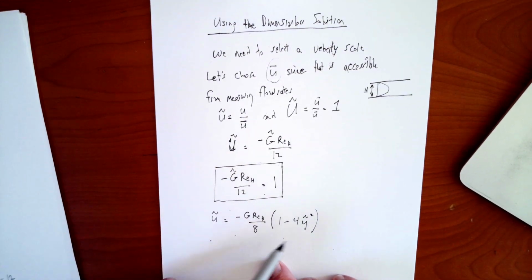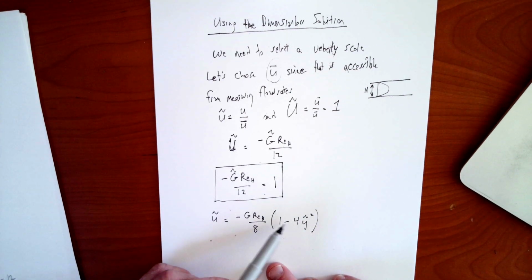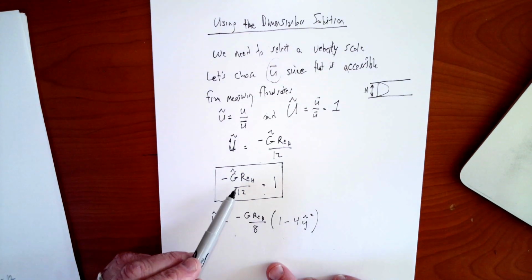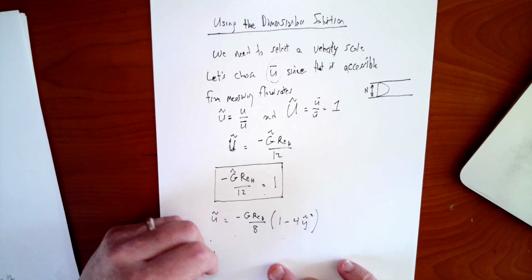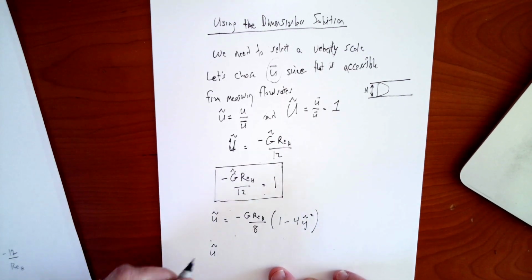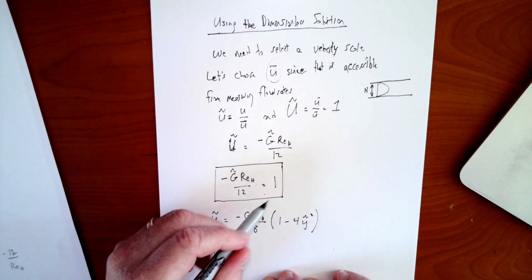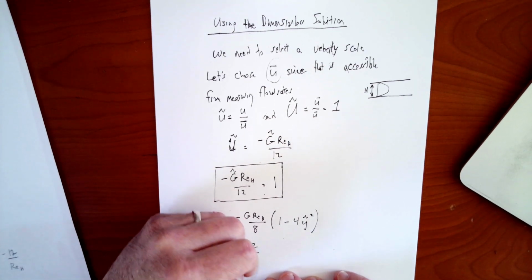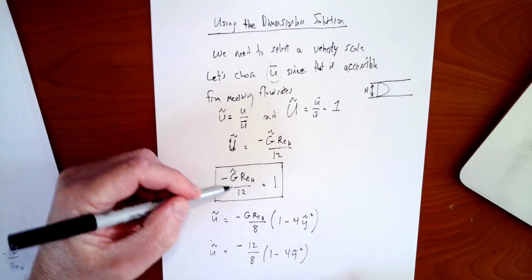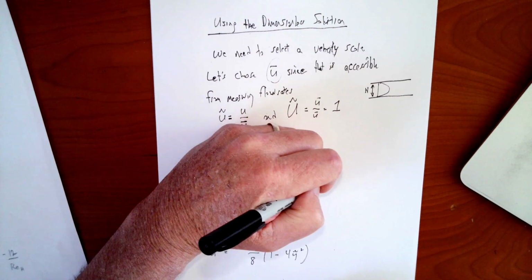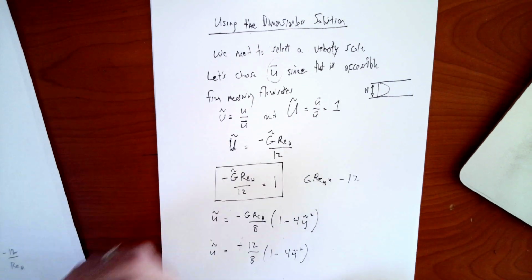We're now going to use that new scaling in our relationship for U tilde, the velocity profile. We found that it was minus g Re_h over 8 times 1 minus 4 y tilde squared. But now we know that g Re_h is equal to negative 12. So U tilde is going to be equal to negative 12 over 8 times 1 minus 4 y tilde squared, because that just comes from here. g Re_h is equal to negative 12, so we have a negative times a negative, which becomes a positive.